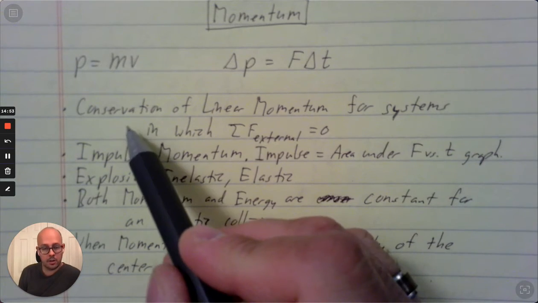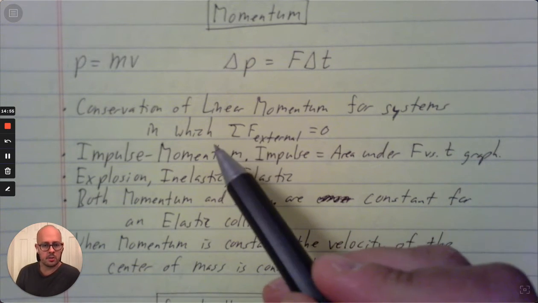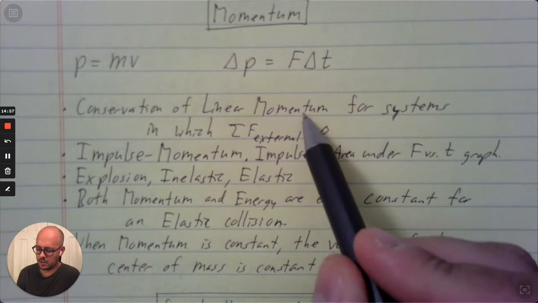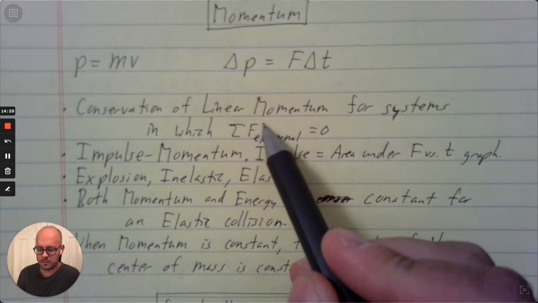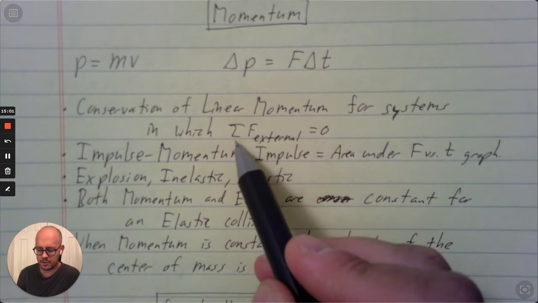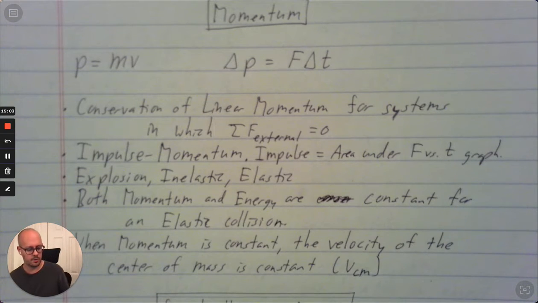And so the big law in this unit was conservation of linear momentum: the linear momentum of a system is constant as long as there's no net external force. This is a little easier to spot than conservation of energy because usually the system that you're thinking about is easy to define.